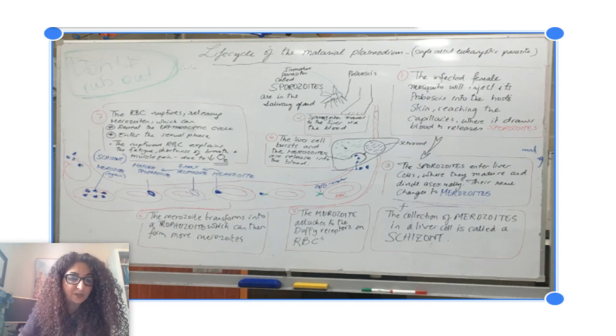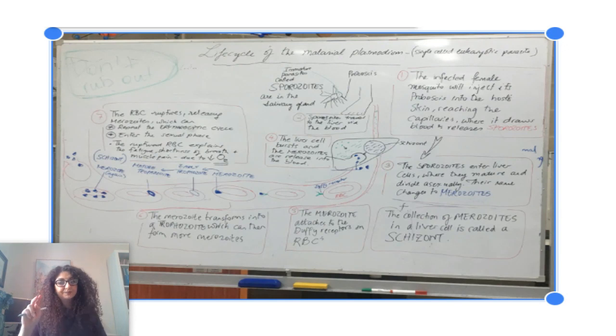Just make sure that you add those notes to the scaffold you've got, where the RBC ruptures, releasing the merozoites, and then there are two options that can happen. Either that merozoite is going to re-enter a red blood cell, continuing the asexual phase again, so that it's just producing more of itself. The other option is that it will change and go into the sexual phase, which we'll talk about in the next lesson.